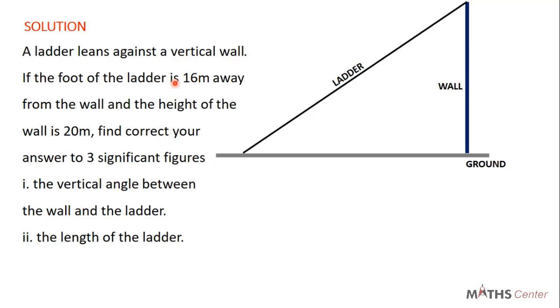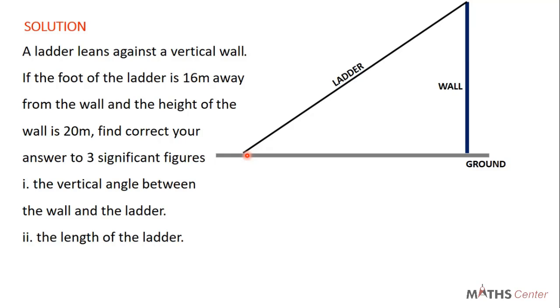If the foot of the ladder is 16 meters away from the wall, so if the ladder leans against the wall, this is the foot of the ladder. The foot of the ladder is the part of the ladder that is on the ground. The question says that the foot of the ladder is 16 meters away from the wall.